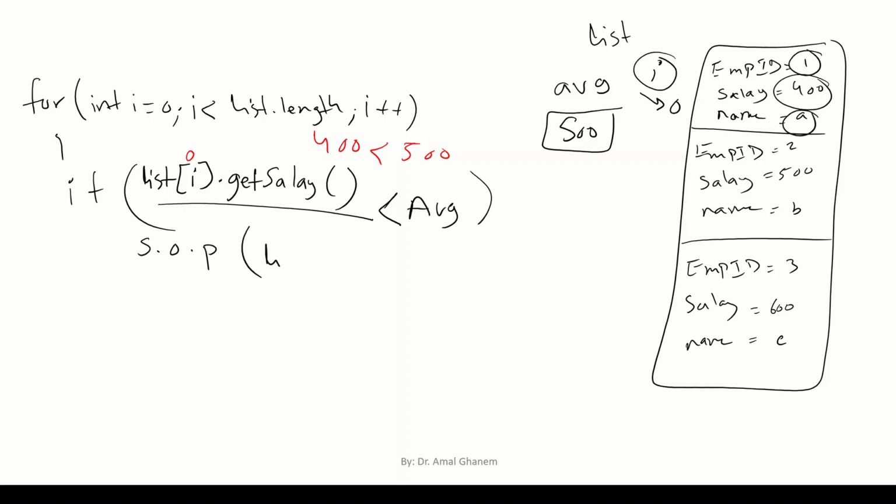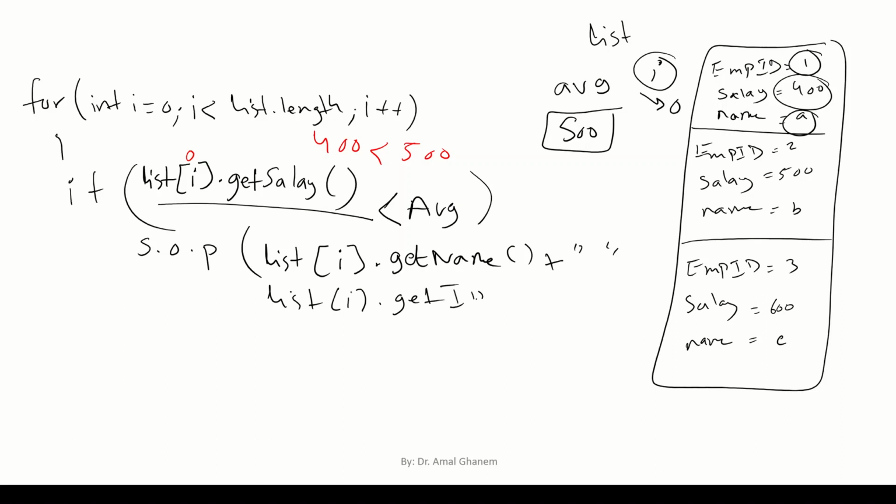So I will go to the array at location I and then output the name. It means I have to get the name by saying get name, and let's have a space in between. And then the same thing, I will say list of I dot get ID.